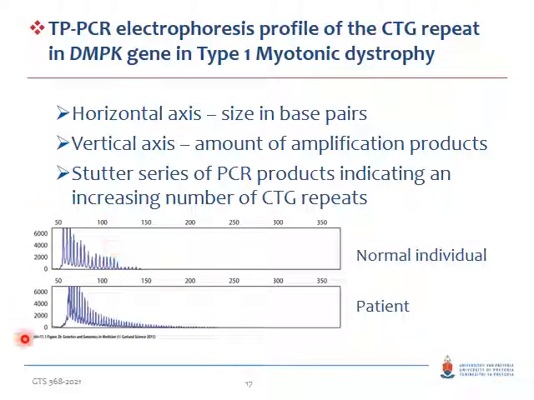This electropherogram shows a stutter series of PCR products with about 3 base pair periodicity, indicating an incremental number of CTG repeats. A normal individual is on the top and the patient with type 1 myotonic dystrophy is on the bottom.